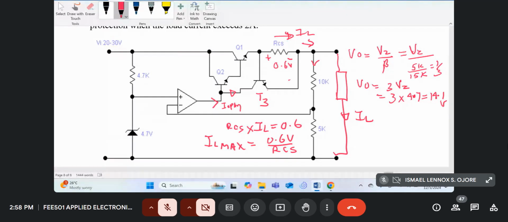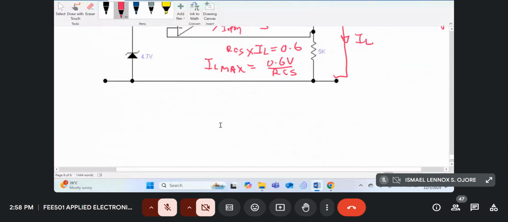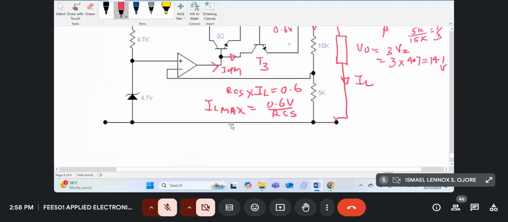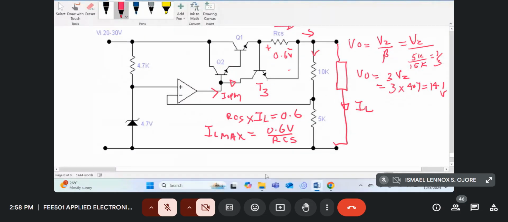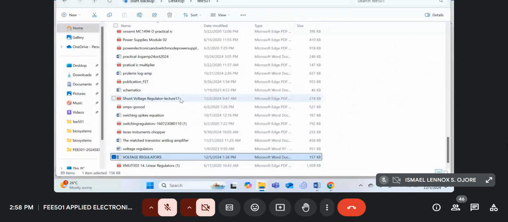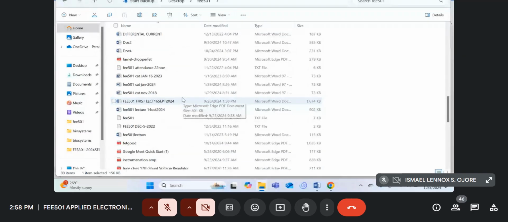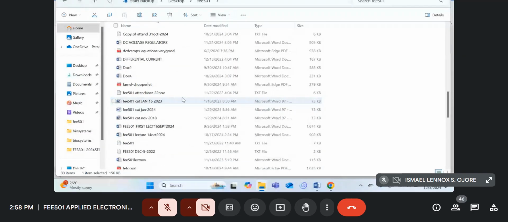So basically, in the exam, let me just check my notes over here. Okay, I'll open this CAT and see.